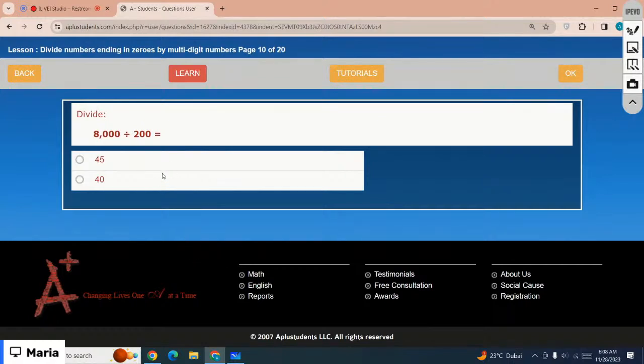Yes, the correct option is 40. 900 divided by 90, which is the correct option? Yes, the correct option is 10.